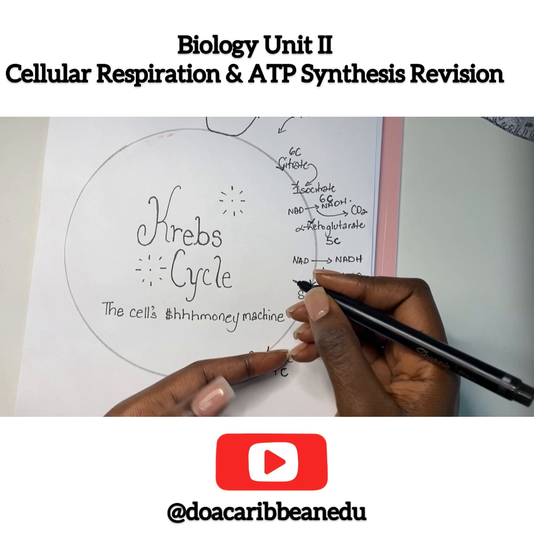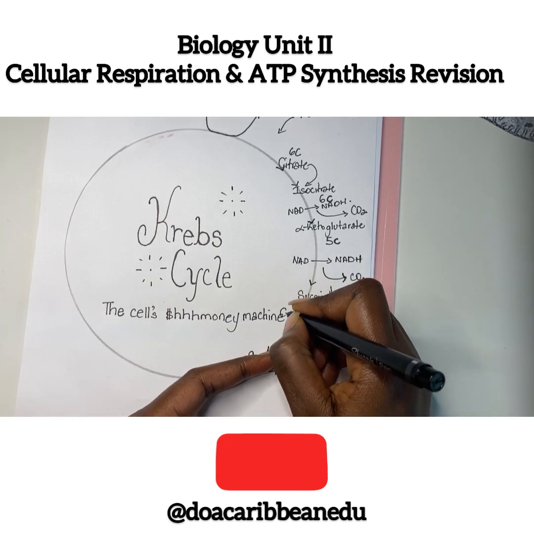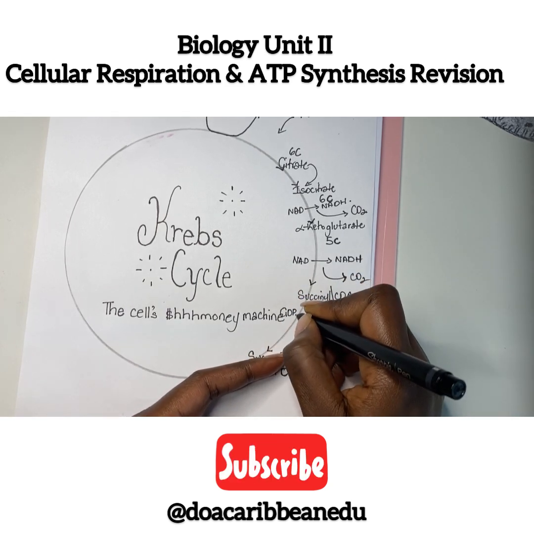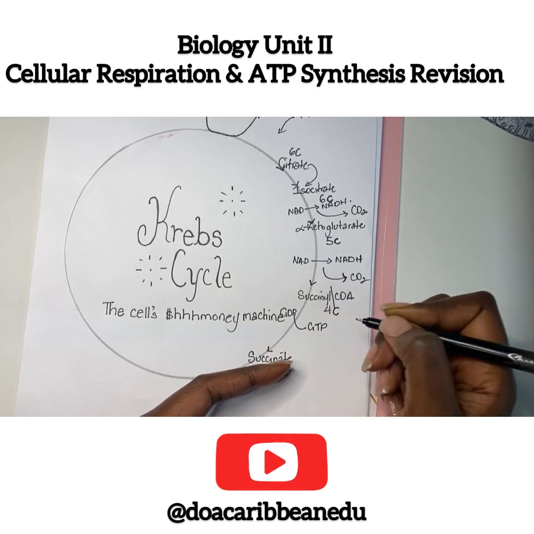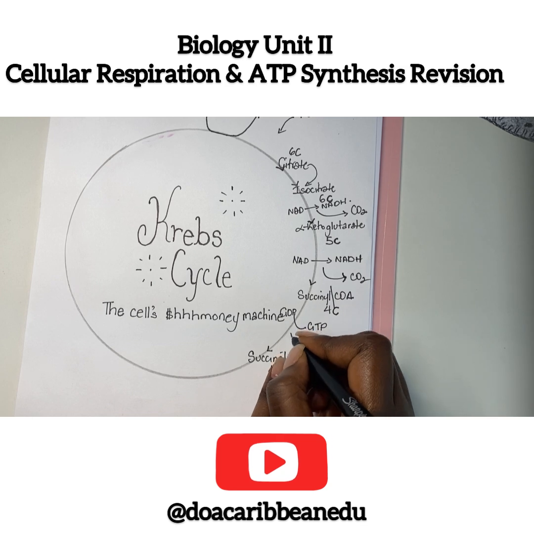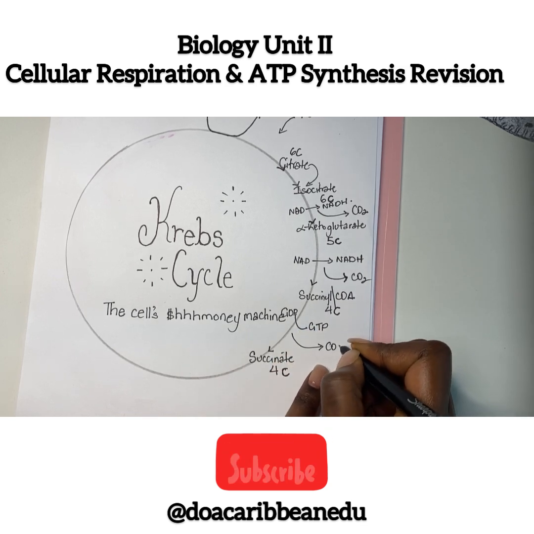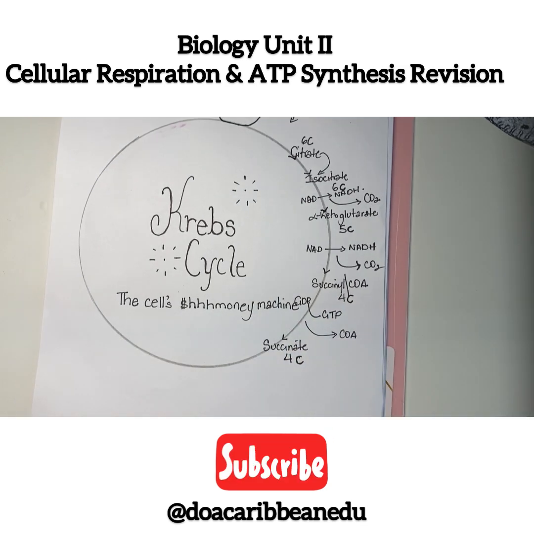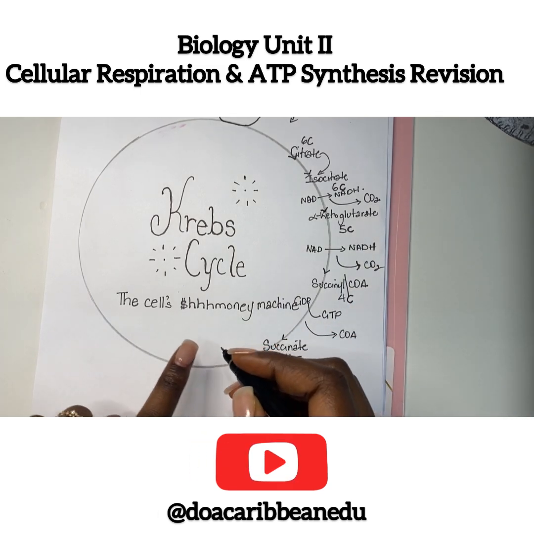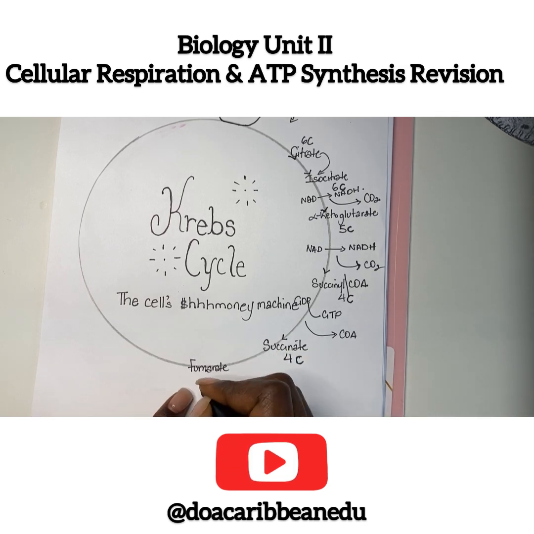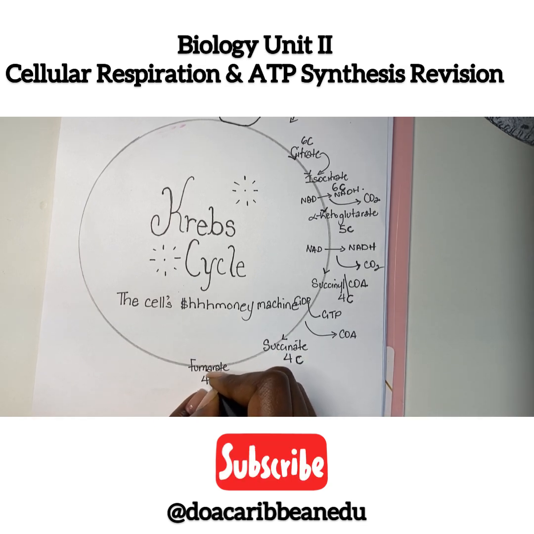So there's the phosphorylation of GDP to GTP. Remember, this coenzyme is given off because it's cleaved. This 4-carbon succinate will be transformed into fumarate, which is also a 4-carbon sugar.